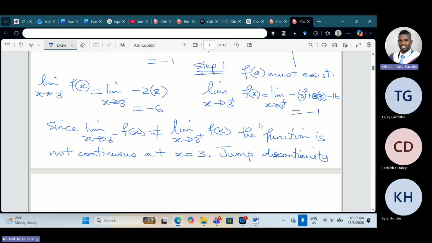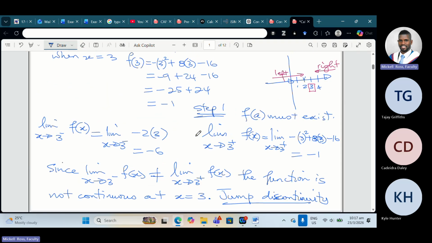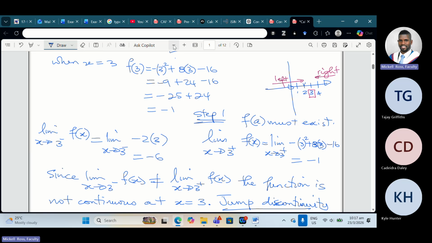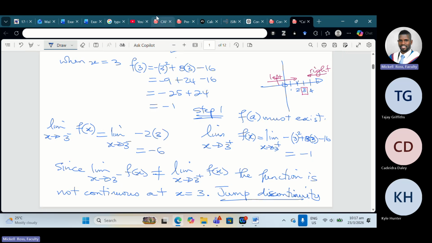So you get a jump discontinuity for this function. Let's take this off and look at a few more, trying to break it down as simply as we possibly can.